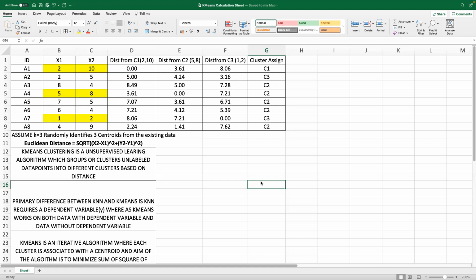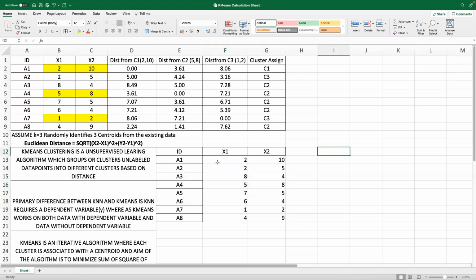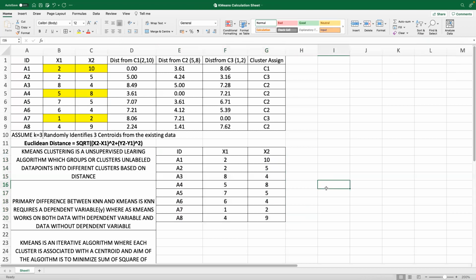Got it, all of you? Now I'll copy the data again, only the data. So I'll paste it here. Remove the color codes, clear formats. Okay.